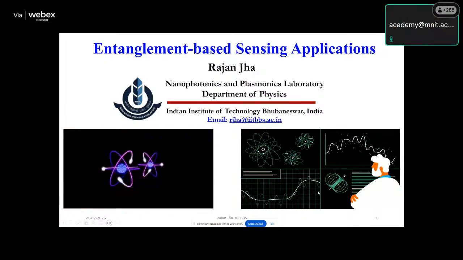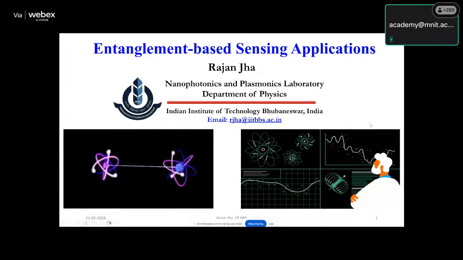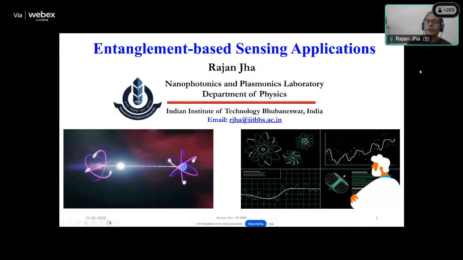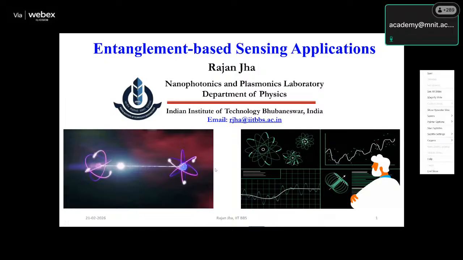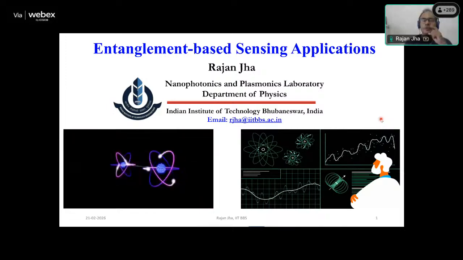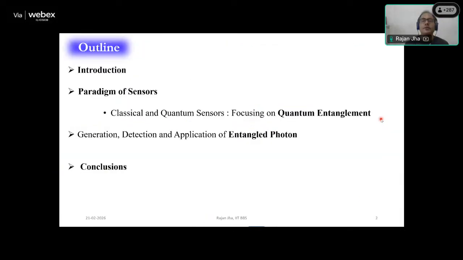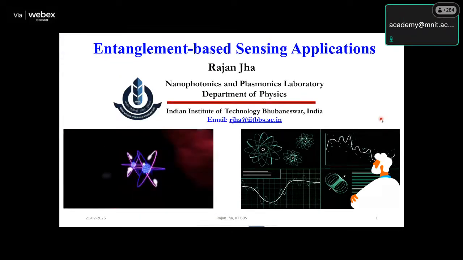Yes, sir. As soon as I try to go for the pointer, it gets stuck. So it's showing the pointer now. Hopefully it should move. It's moving. Fine, fine.